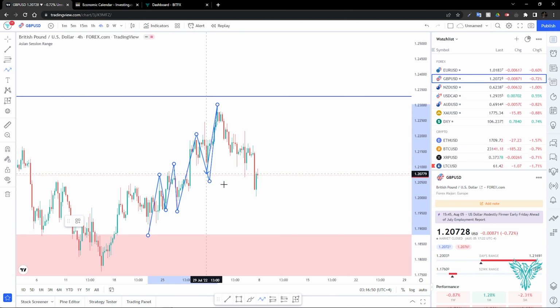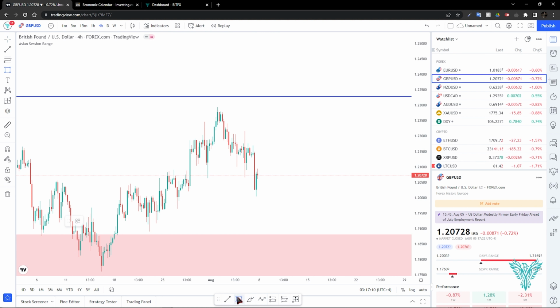This was the most recent higher low, and the market was actually respecting this POI and pushing up from here, but then after that NFP release, the market ended up breaking this higher low.